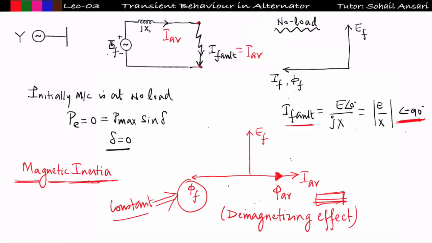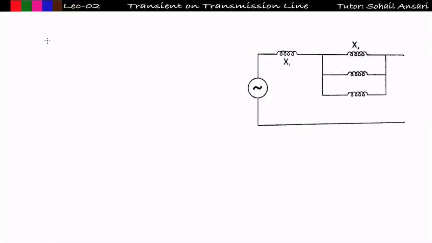So the overall equivalent circuit in that state, when a sudden fault occurs, will not look like what I made initially. This is my XD; this was my equivalent circuit. But due to the sudden fault there will be demagnetization, and to overcome it, some extra flux is created by these windings.